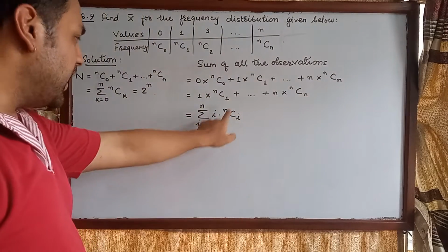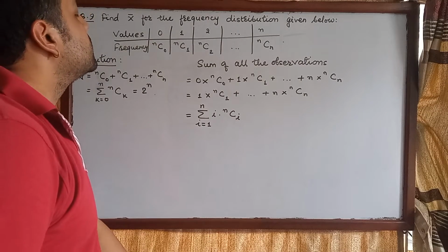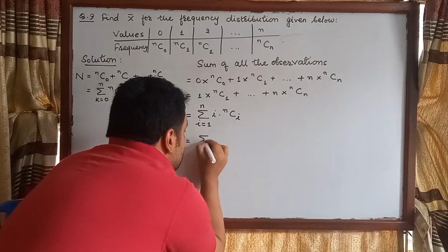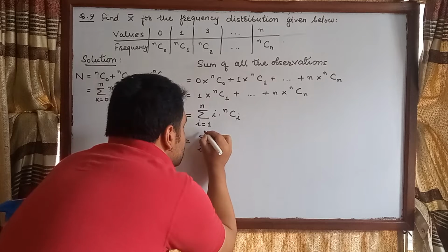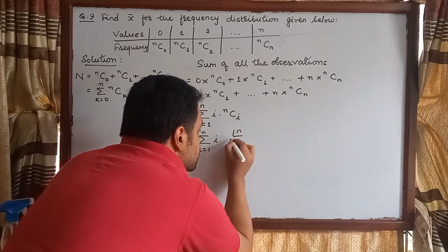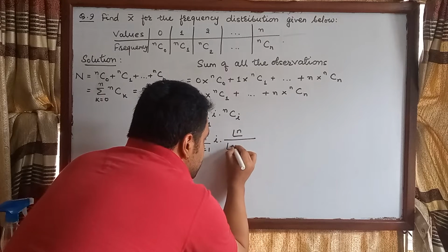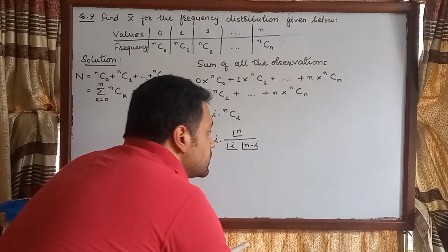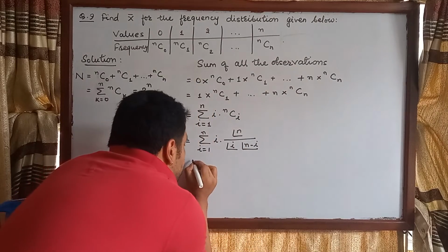So i times nCi. Now let's look at this. The summation i equals 1 to n of i times n factorial over i factorial times (n minus i) factorial.